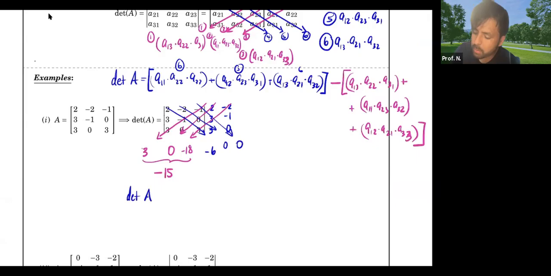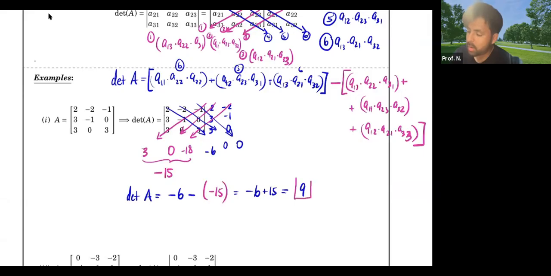The determinant of A will be -6 minus -15. This equals -6 plus 15, 9. Make sense?